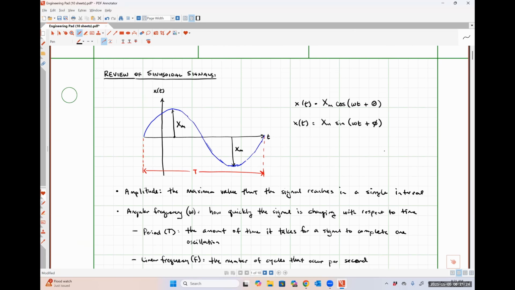So it might be negative 30 degrees. Well, our phase angle phi for our sine function is very obviously positive because we've shifted our signal to the left. So that's going to be something like positive 60 degrees. So that's why I gave them different symbols, because they represent different numbers.